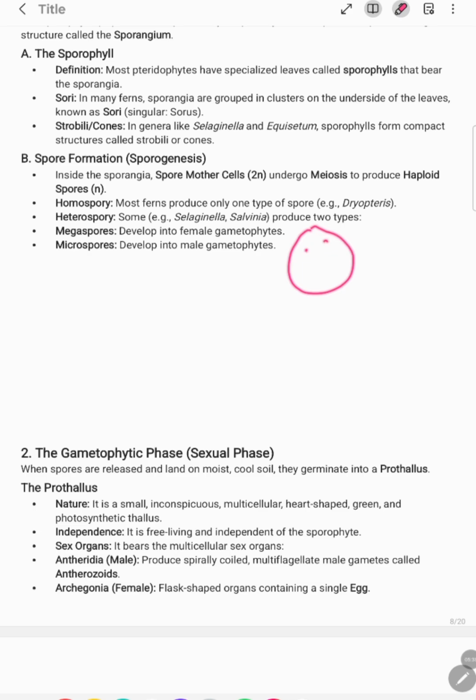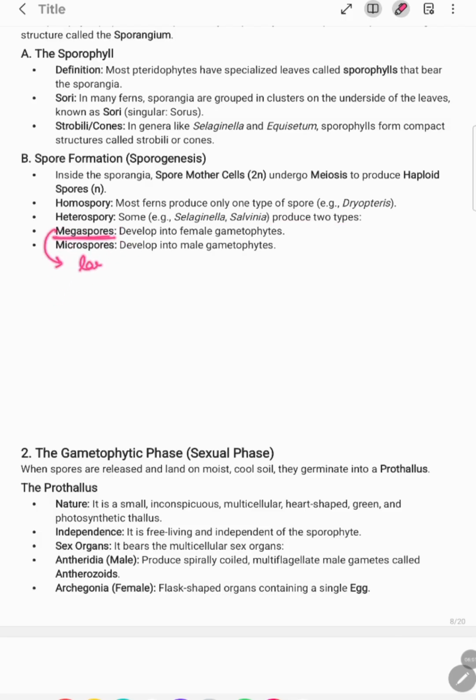Two types of spores are produced; this is known as heterosporous. And what are these two types of spores? One is the megaspore.